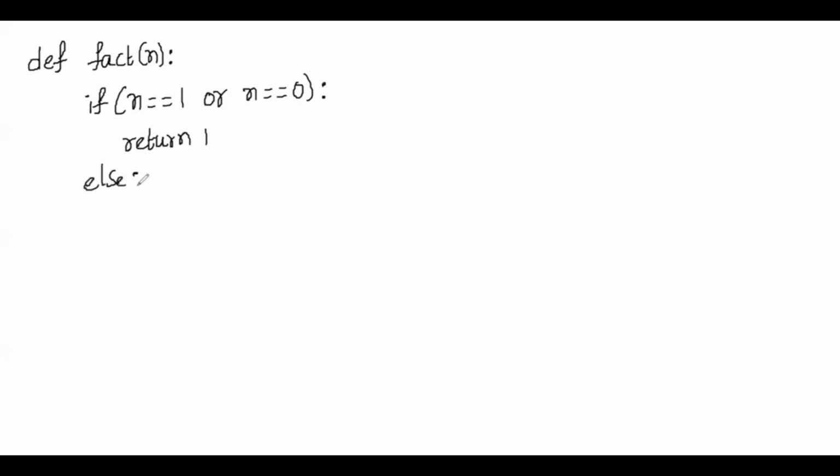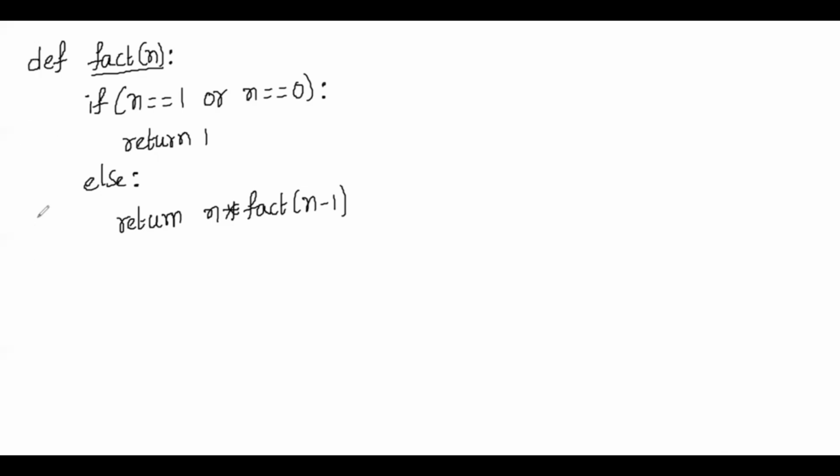In the else case, we are going to implement the recursive case here. So the recursive case is calling the same fact function recursively. This can be done by writing n into fact of n minus 1.